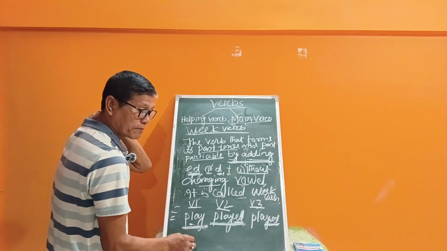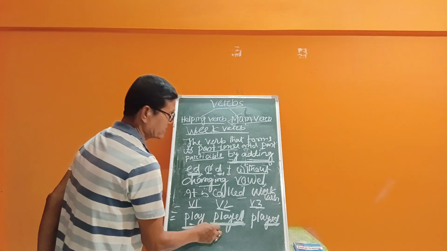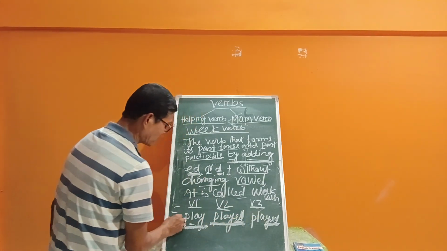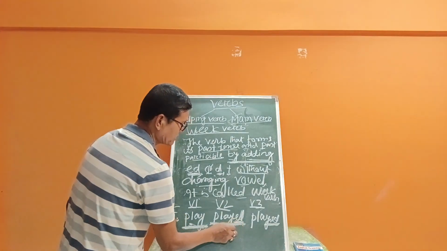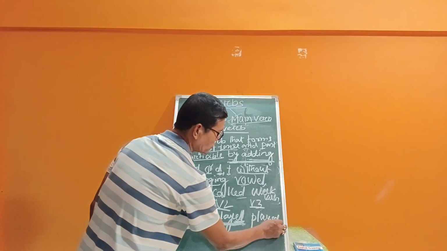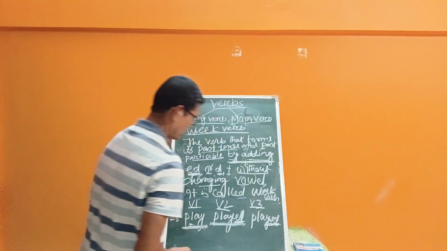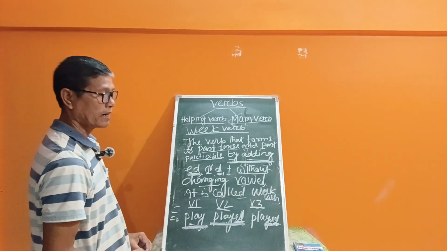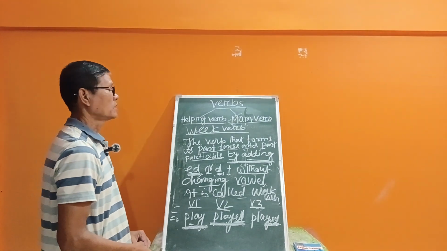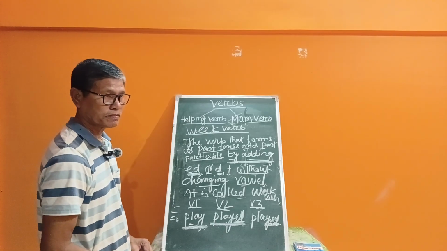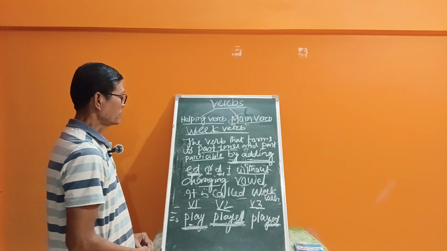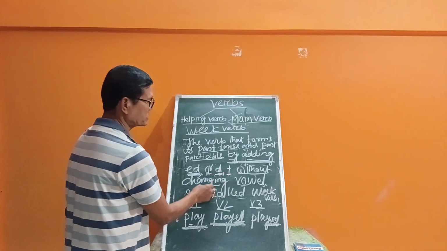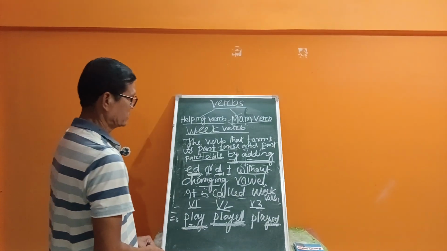We should make the weak verb by joining ed or d or t. We make the past tense by joining only ed, and the past participle also by joining ed. Then play, played, played. That's why, what is the weak verb? The verb that forms its past tense and past participle by adding ed or d or t without changing the vowel. It is called weak verb, isn't it?